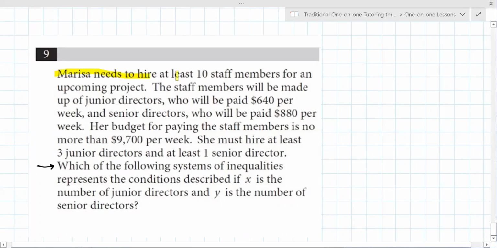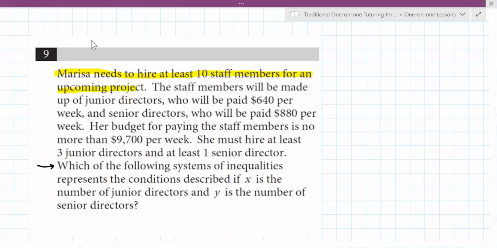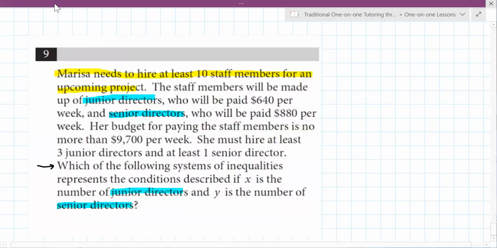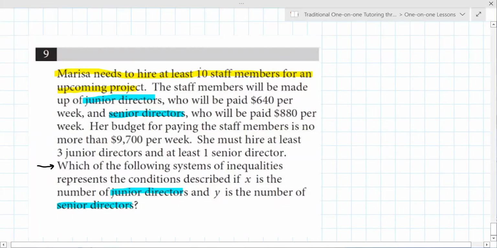So Marissa needs to hire at least 10 staff members for an upcoming project. If you keep reading here, the staff will be made up of junior directors and senior directors. But that's already down here. Now, in terms of an equation, there's a question for you here.